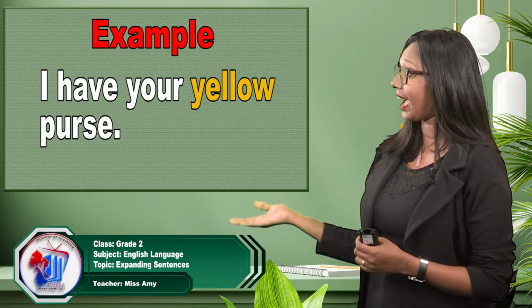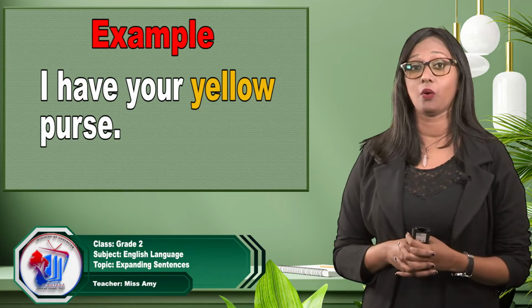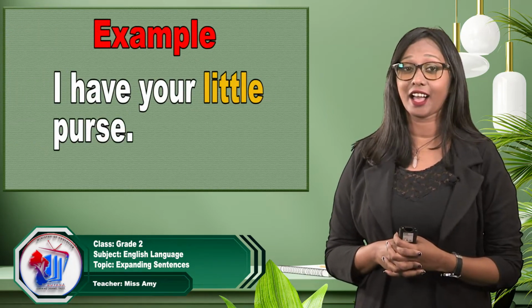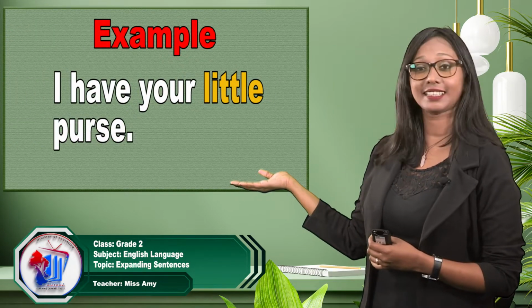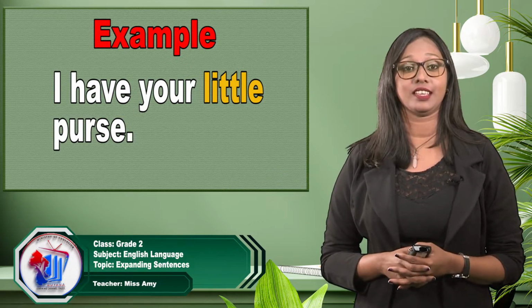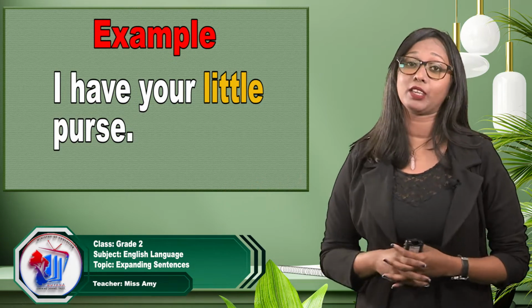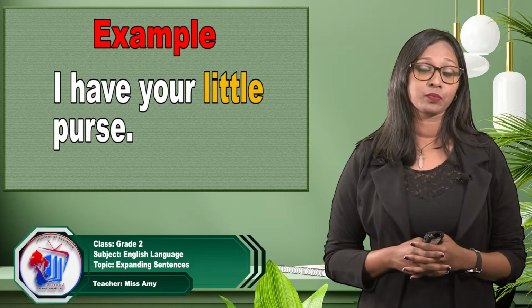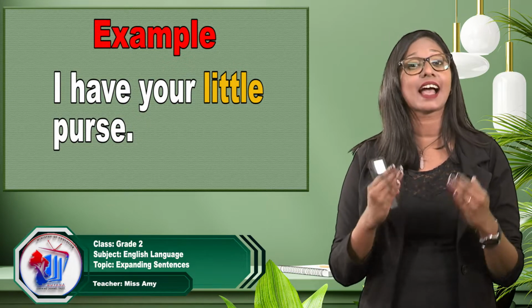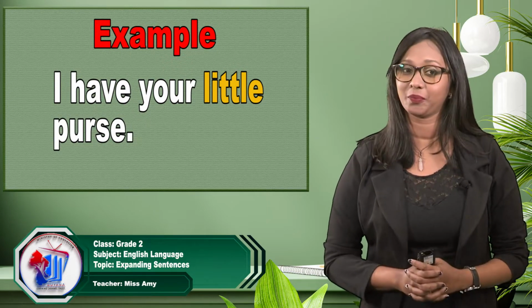Or, I have your yellow purse. Or, I have your little purse. So we can use many adjectives here to describe the purse. By using the adjective, it is telling us exactly which purse I have for you.